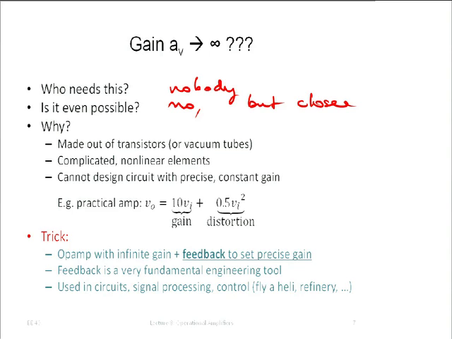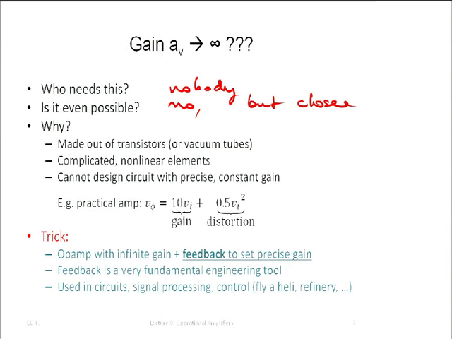It's used all over, and if you haven't already, you will talk about feedback in many classes to come. Here we will only do a little bit of feedback, just enough to build these circuits. But you will hear more in other circuits classes. If you're interested in signal processing, wow, they use a lot of feedback.